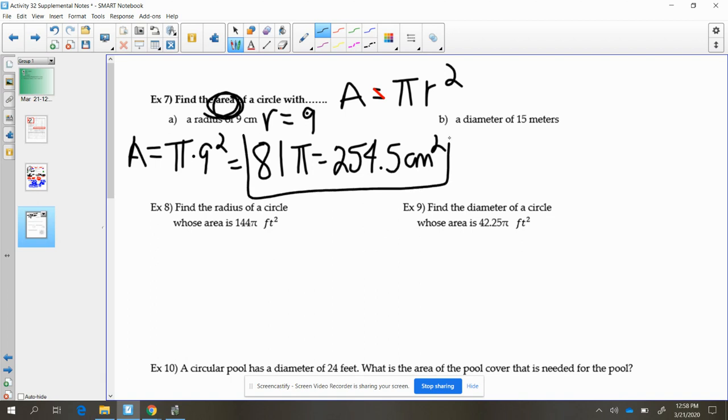So either of these, if they're not giving you specifications, would be acceptable answers, on how to round or leaving it as an exact answer. Now, when they give you a diameter, again, you have to be very cautious to make sure for area you convert it to the radius. So you're going to need to divide the diameter in half so that you get 7.5 meters as your radius.